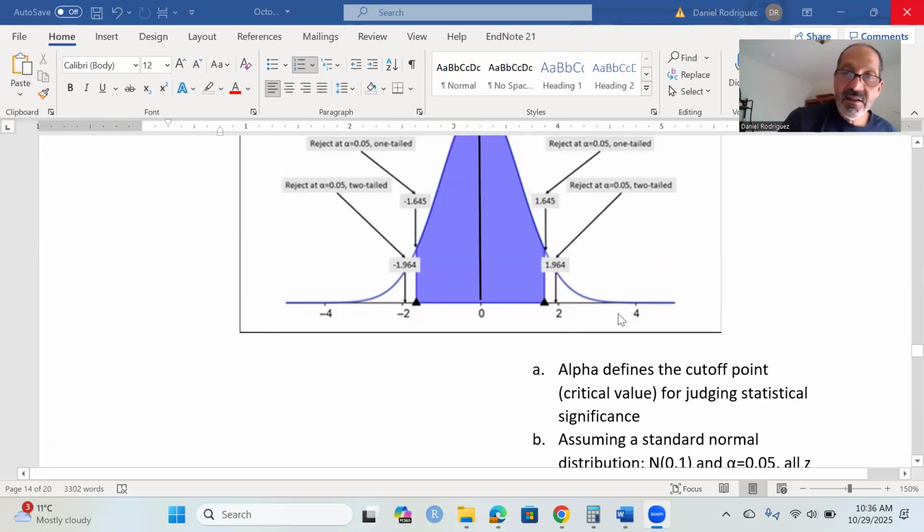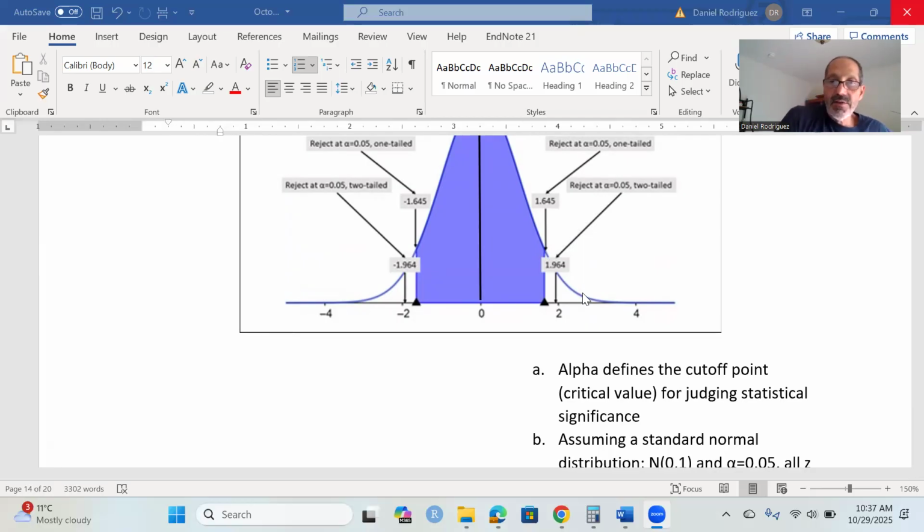Okay, so what does that mean here? If we set our alpha at 0.05, that sets a cutoff. And in that example I gave you, I mentioned we're looking at one tail, right? We're saying that happiness in the sample is greater than happiness of the population. I'm not interested in less than, so I'm not interested in this half. I'm only looking at this half.